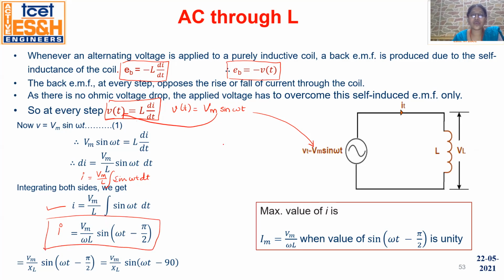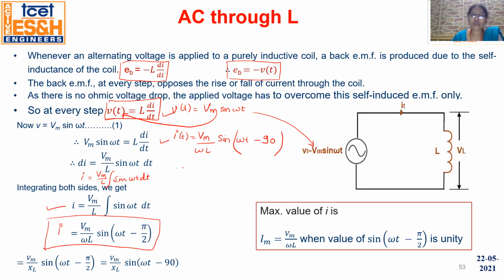Here one thing you noted: Vt is equal to Vm sin omega t, whereas It is equal to Vm by omega L sin omega t minus pi by 2, or 90. Clear? So this is our equation of voltage and this is our equation of current.